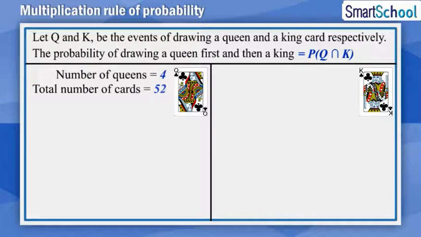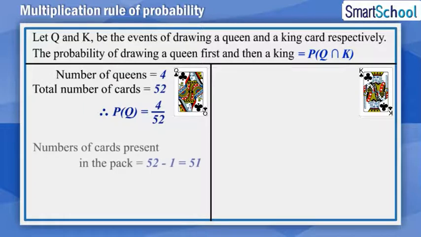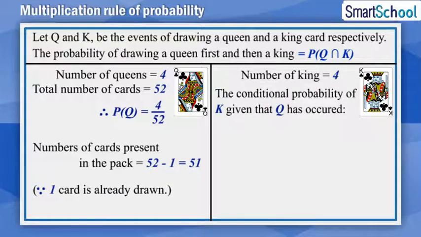Now, there are 4 queen cards in a pack of 52 cards. So, the probability of drawing a queen card is 4 divided by 52. The card drawn is not replaced. This implies that the number of cards available for the second draw is 51. Thus, the probability of drawing a king card, given that the first draw is a queen card, is 4 divided by 51, because there are 4 king cards present in 51 cards.